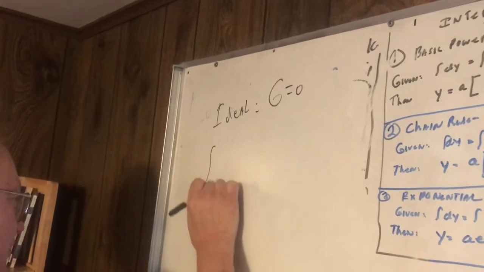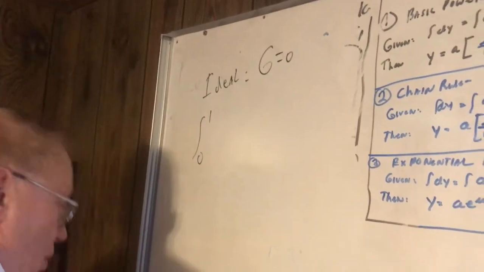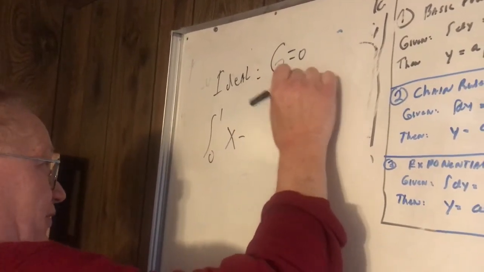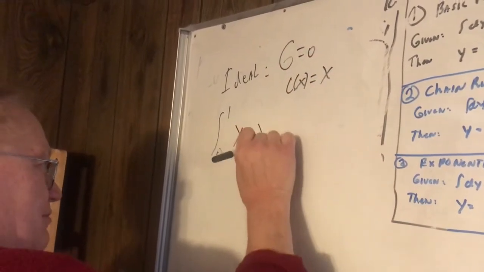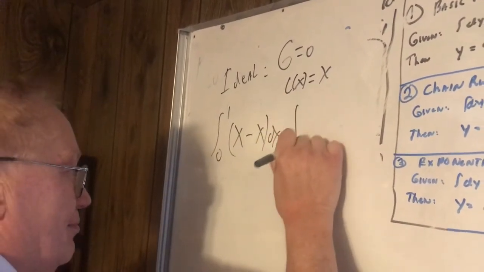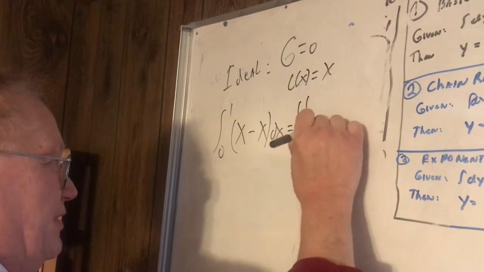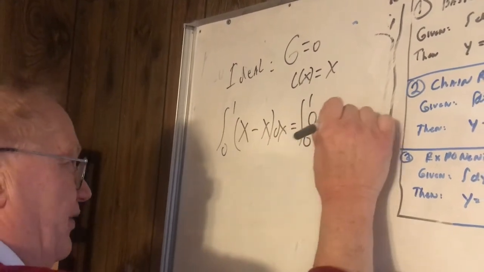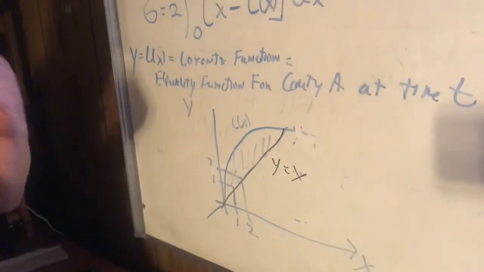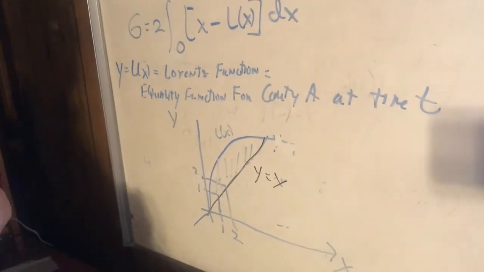Why? Let's look at this. When G equals 0, x is that, and L of x also equals x. Zero dx is 0. So when G equals 0, the Lorentz function completely overlaps the y equals x 100% distribution function. So that's your goal.